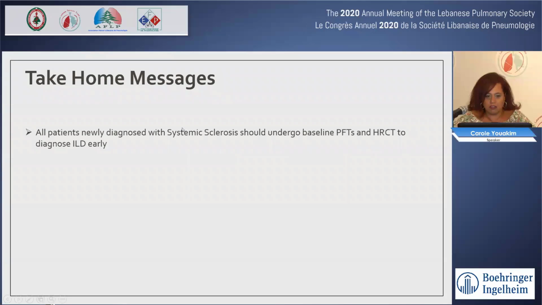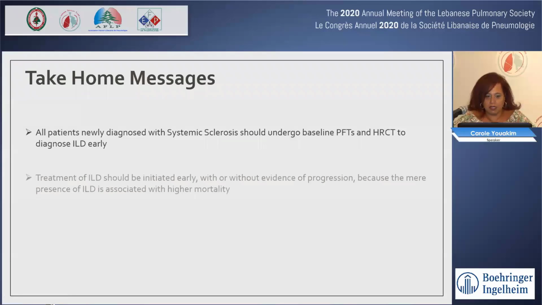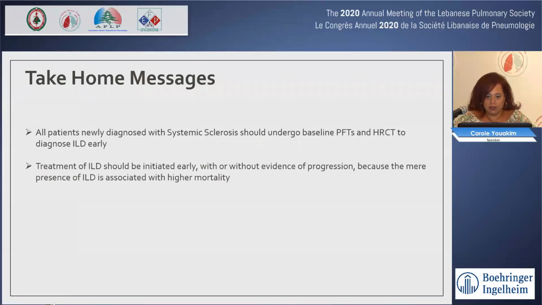All patients newly diagnosed with systemic sclerosis should undergo baseline PFTs and high-resolution chest CT to diagnose ILD early, to start treatment early with or without evidence of progression, because I showed you that the mere presence of ILD is associated with higher mortality.